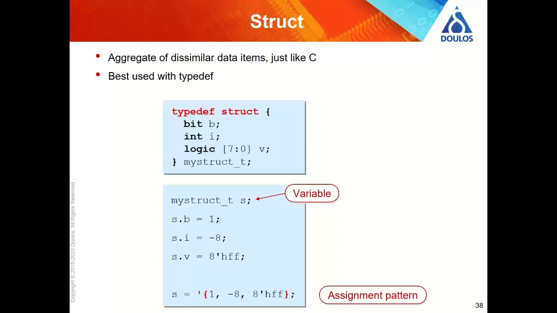This defines a type where we can have members of different types within it and refer to them by name, just like a record in VHDL. Here are some examples, creating an instance and then using the dot operator to access its members. There's also notation for being able to assign all of the elements in one go, known as an assignment pattern. So similarities from C there.